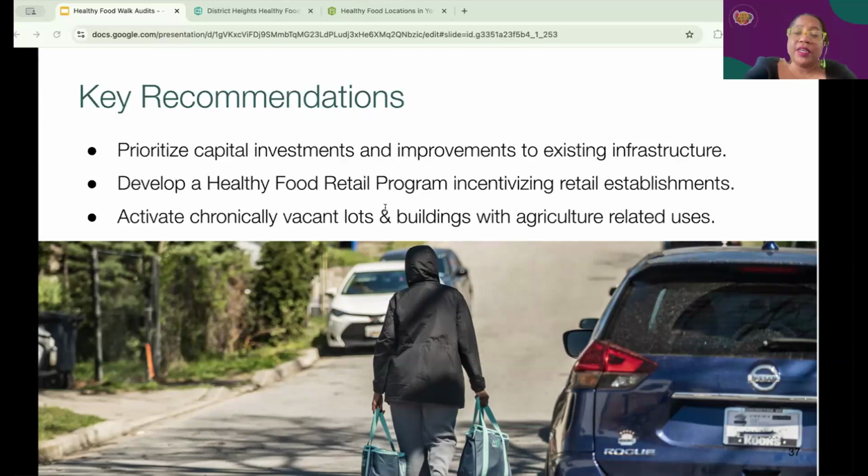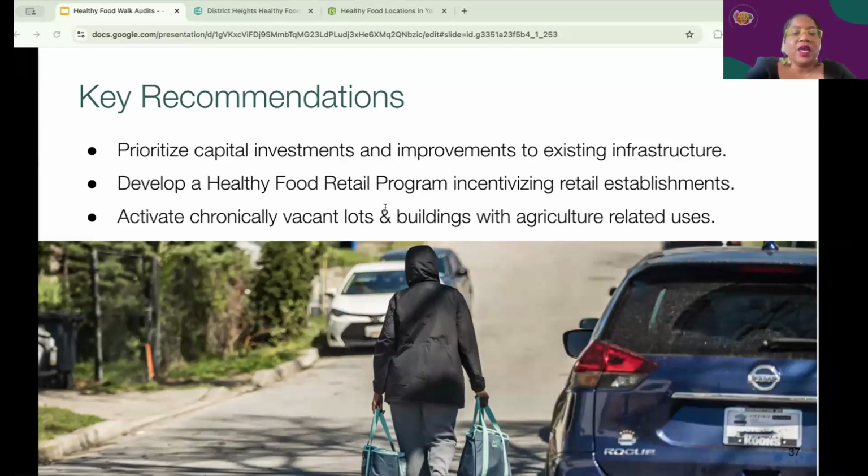Maybe he can turn a vacant CVS or a vacant convenience store into an indoor growing facility, where he could grow cotton, indigo, or at least manufacture that for some other product. Again, that means activating those chronically vacant facilities and identifying potential commercial districts to target policy incentives and development that support grocers, markets, and restaurants.